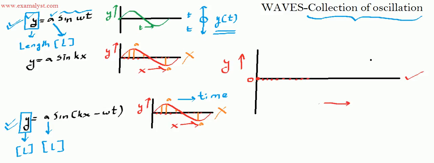And on this side we have the space x. So when I consider all the particles, it means I am considering all the particles at various positions in space, because the entire rope is made up of small tiny particles. You can imagine the rope to be made up of tiny small particles. So these are represented by, say, these red dots. Agreed?